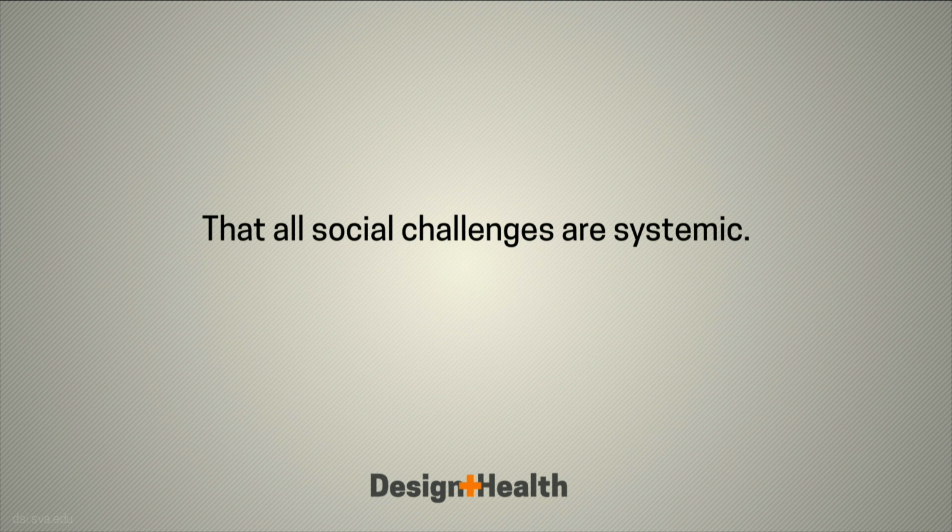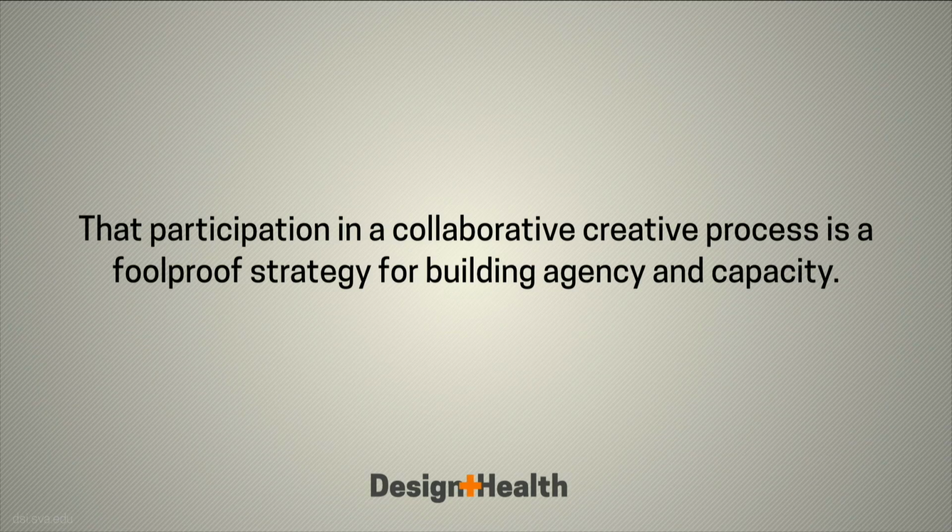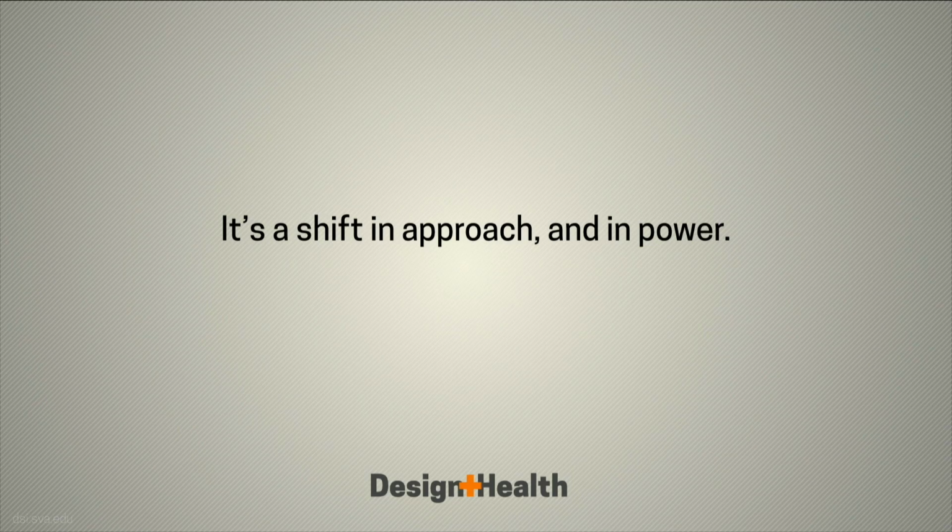That all social challenges are systemic, and that no intervention should be undertaken without understanding the system that it impacts. That participation in a collaborative creative process is a foolproof strategy for building agency and capacity. And we say that the process is the strategy. It's a not so subtle shift in approach and in power. And these are habits and power that are difficult for those who hold them to give up.